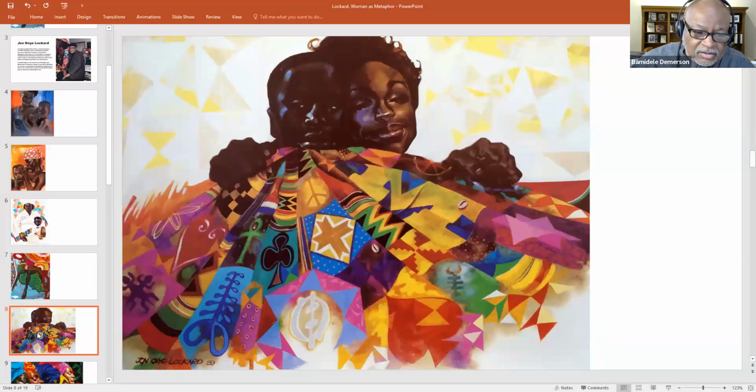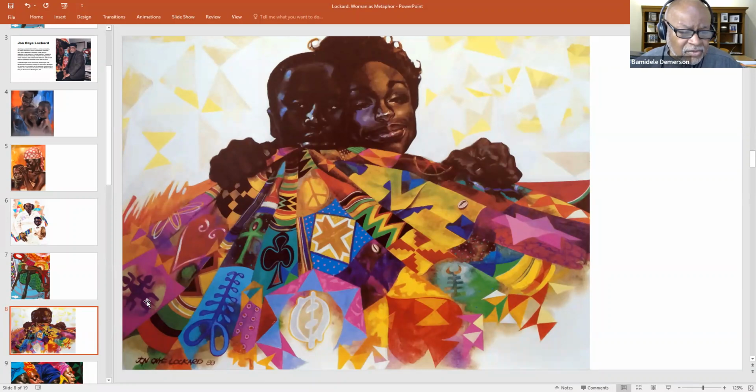But notice how he created this quilt, and I'm moving my cursor, we have the Ankh, which means the perpetuity of life. We have the Aya, the fern, among the Adinkra people, which has reference to independence, because this particular fern, as grown in Ghana, can survive in a very parched environment.